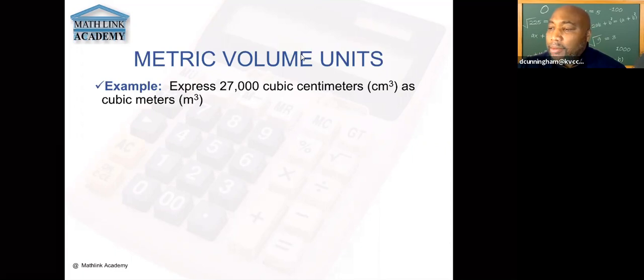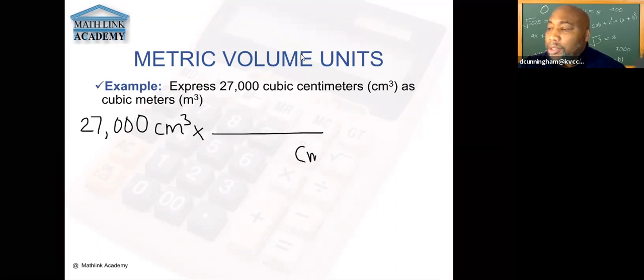We're going to write down 27,000 cubic centimeters, okay? And so we're going to put cubic centimeters on the bottom, and we're going to put meters cubed. Now, what's the relationship here?